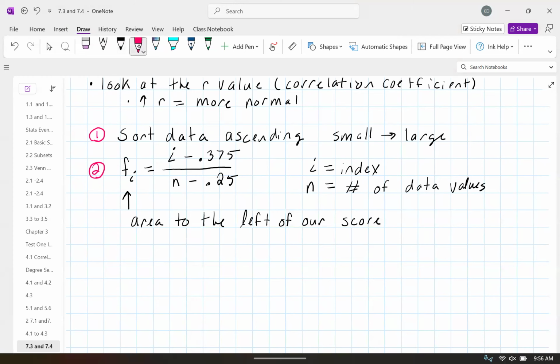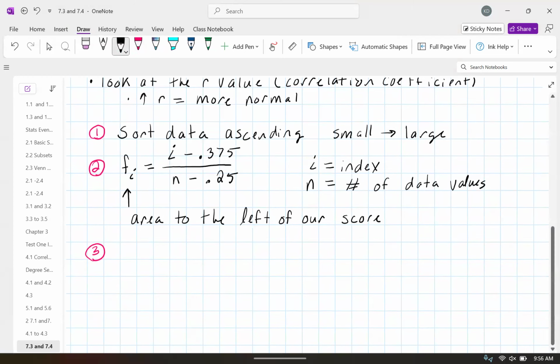So then step 3, we actually do that. Find our z sub i.